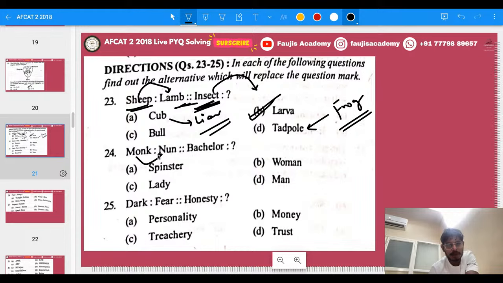Monk is to nun, the female version of it. The bachelor is to what? Women, man, lady. The answer is spinster.